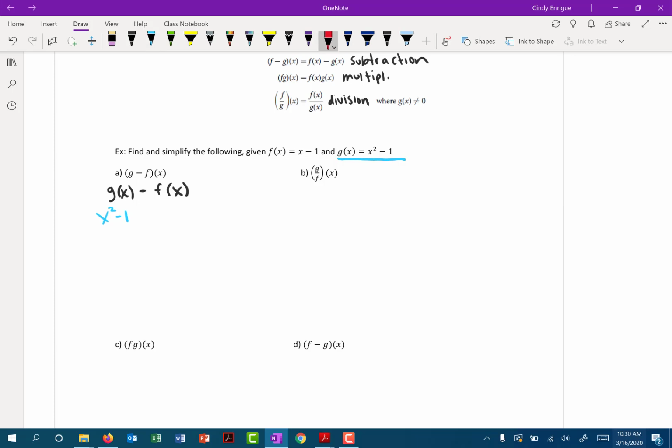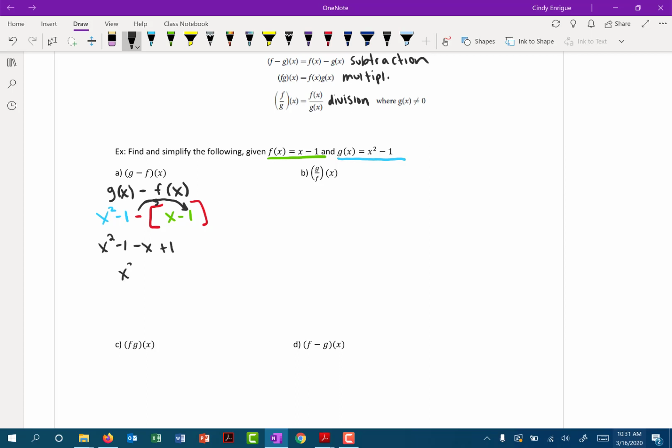And then don't be caught by this mistake. It's subtract the entire function. And that entire f of x function is my x minus 1. So remember, it's subtract the entire function. So now I'm going to have my x squared minus 1. If I distribute that negative, I have a negative x, and a negative times a negative is a positive 1.